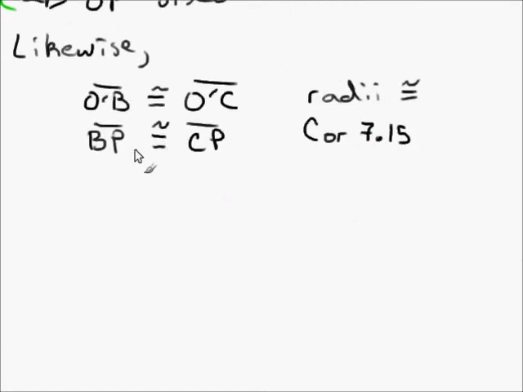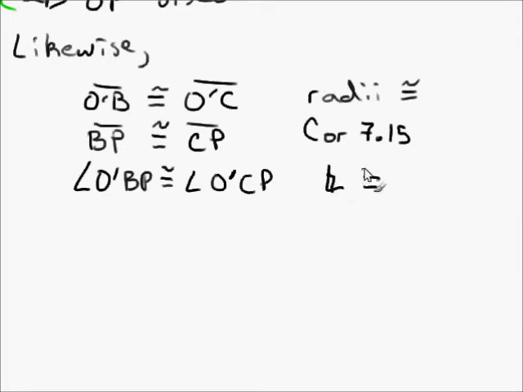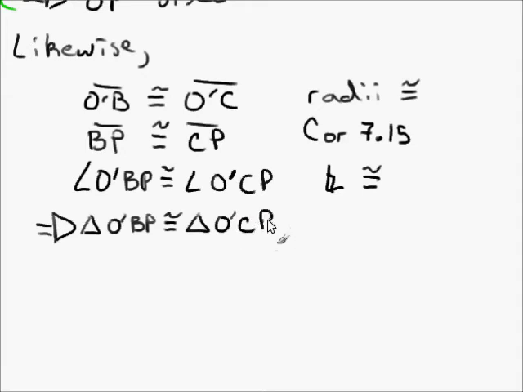Then angle O prime BP is going to be congruent to angle O prime CP because they're both right angles and all right angles are congruent. And that's going to give us that triangle O prime BP is congruent to triangle O prime CP by the leg-leg congruence.